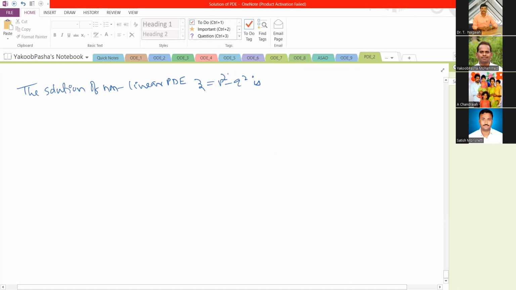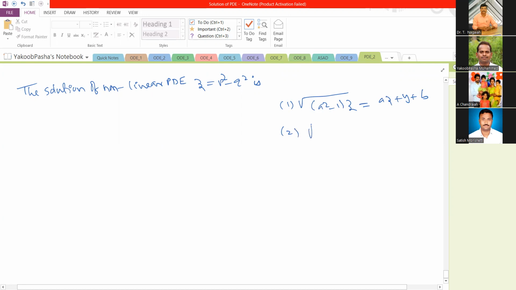First option, under root of a square minus 1 into z is equal to ax plus y plus b.